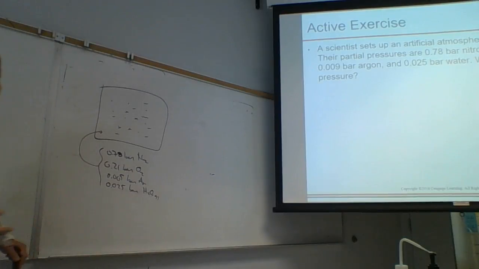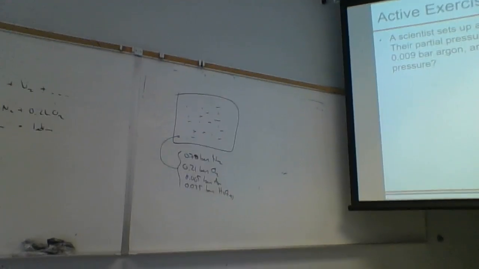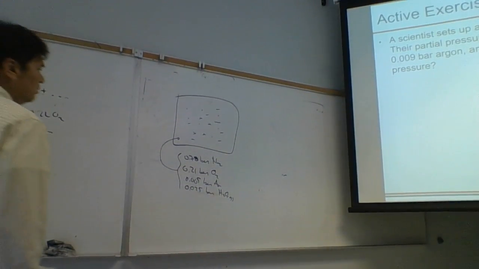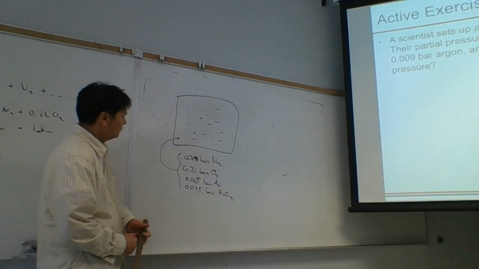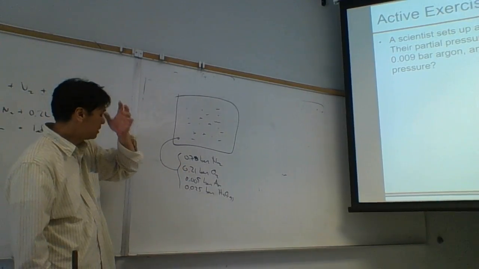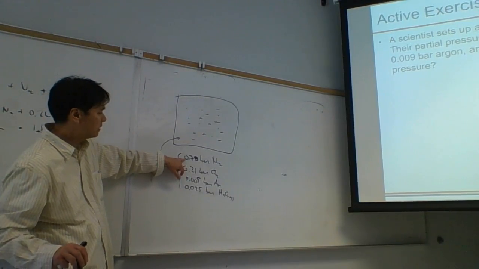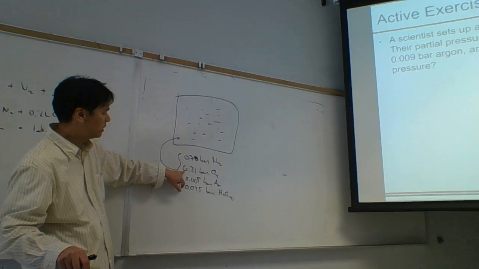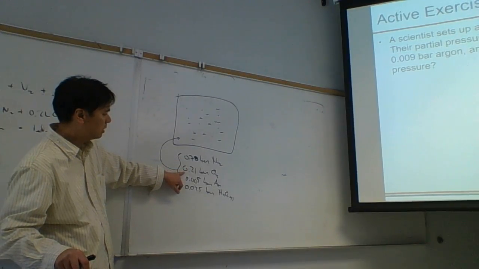So all the gases occupy the same volume. So the volume's fixed. And so what is the total pressure? Well, let's see. The total pressure, this would be Dalton's law. And so the total pressure would be the sum of the partial pressures. So if I have 0.78 bar plus 0.21 bar gives me 0.99 bar.